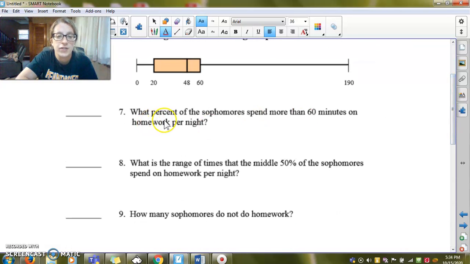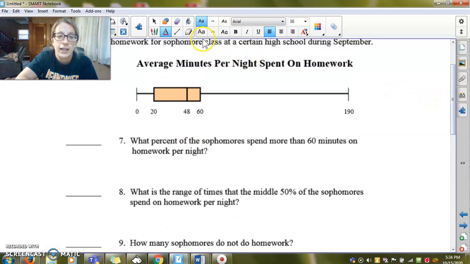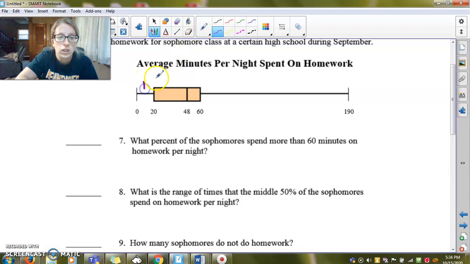So number 7 wants to know what percent of sophomores spend more than 60 minutes on homework per night. I'll get you started on this by reminding you that there are always 4 sections or pieces that your graph gets split into.